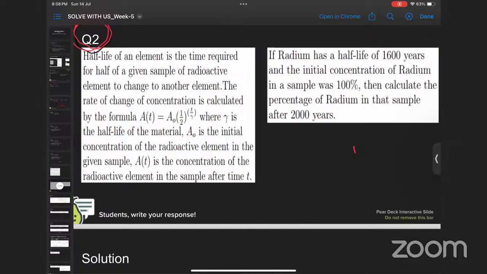We got one answer, 42%. Others also try to solve it. It's not that tough one. You just have to read this portion properly.